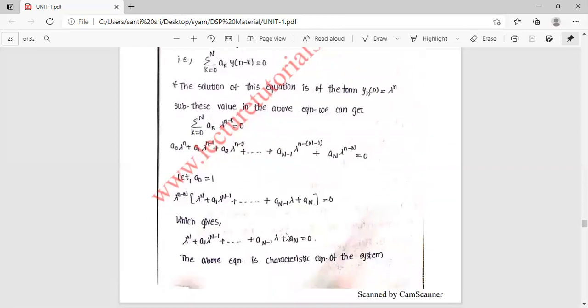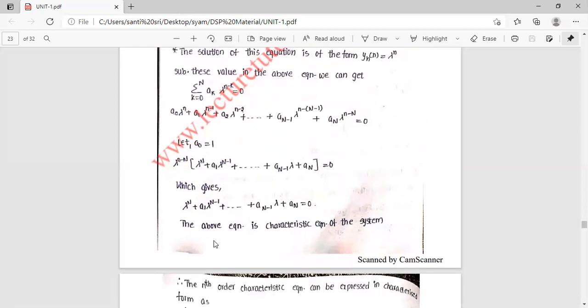This expression is nothing but the characteristic equation of the system.